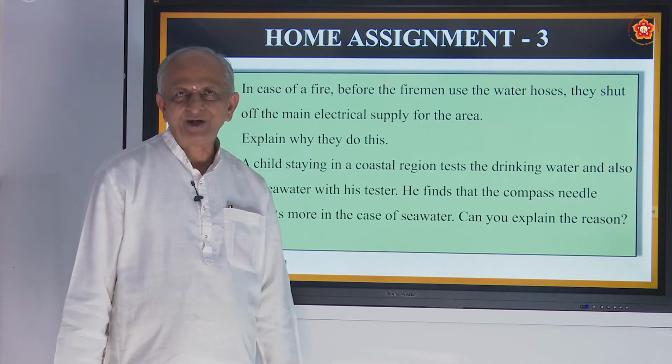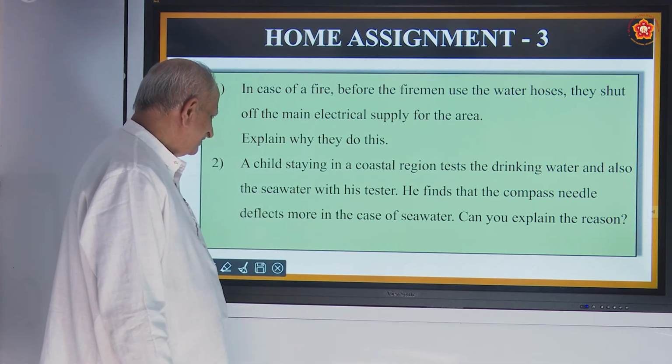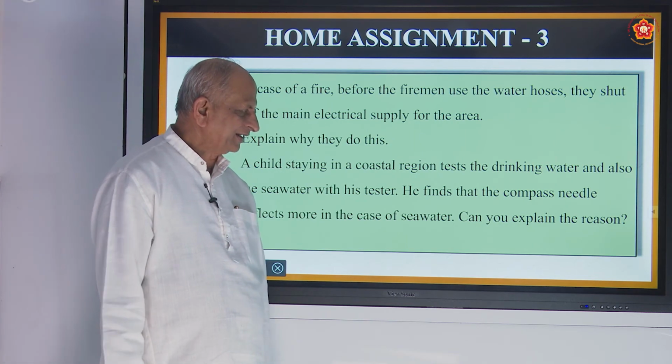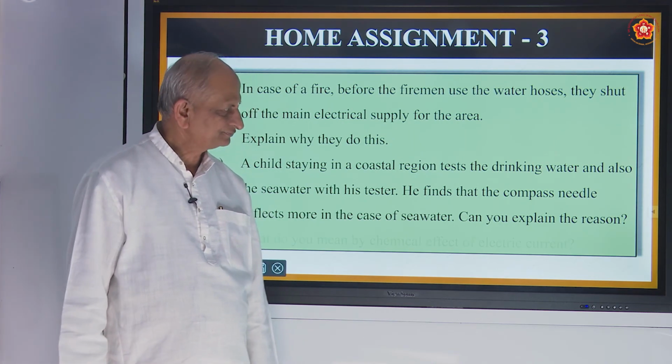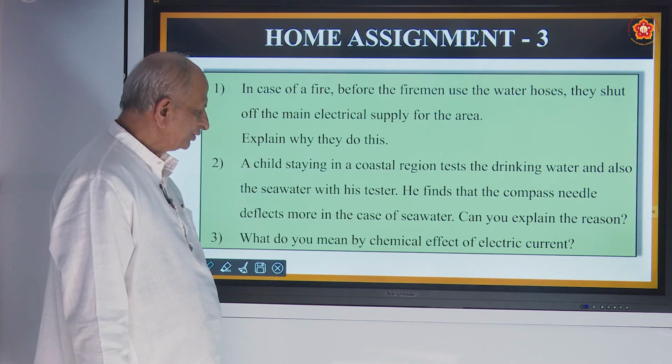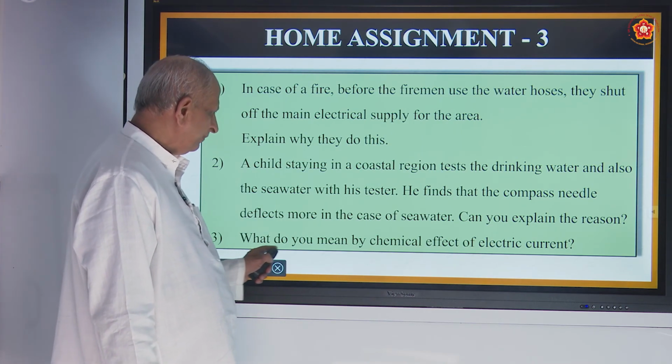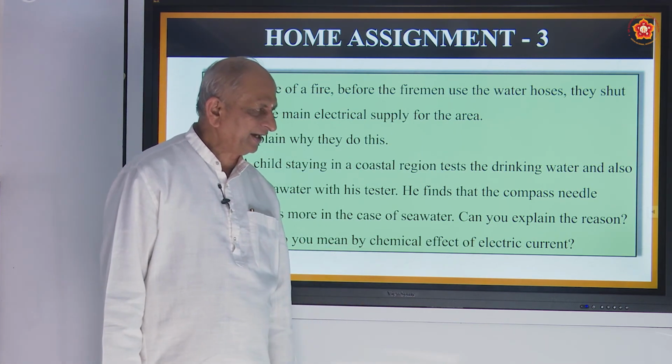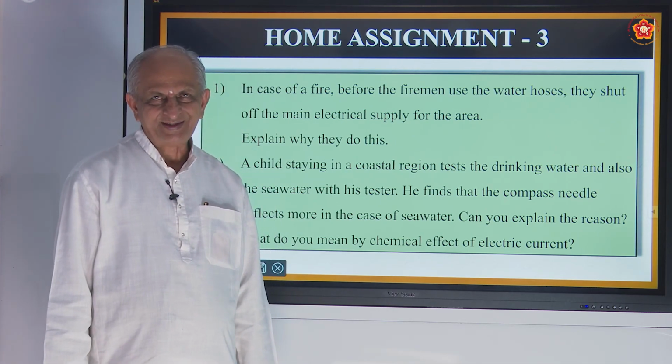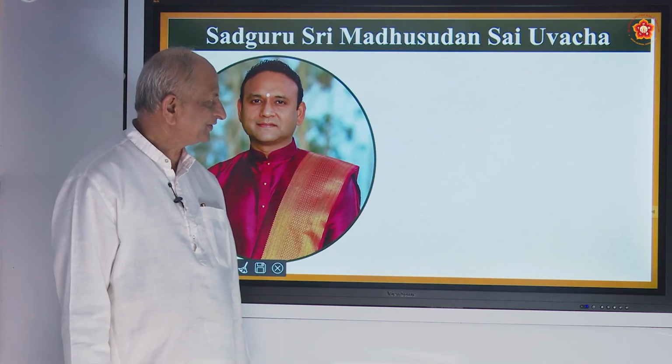He finds that the compass needle deflects more in the case of sea water. Why? Third question: what do you mean by chemical effect of electric current? Now let us see what Sadhguru Sri Madhusudan Sai says.